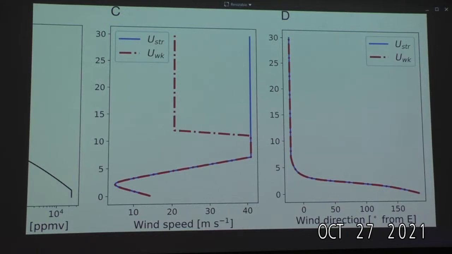Homeyer, the people whose work we are built upon here, did this work and found that with these two different upper level wind profiles, one of the storms produced an Above Anvil Cirrus Plume and one did not. Oh, okay. And we're essentially trying to reproduce their work so that we understand what's going on with the AACP, but we also have a control for another storm that doesn't produce one in a similar environment, but different enough that we can sort of talk about what's going on.